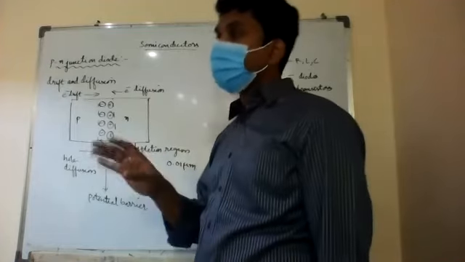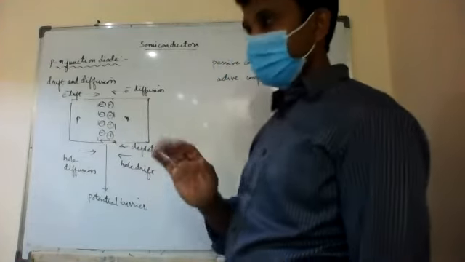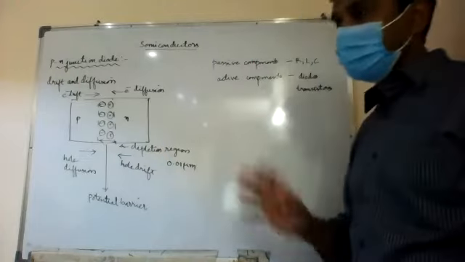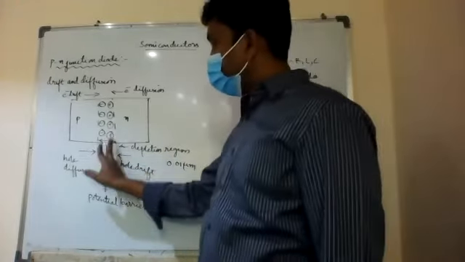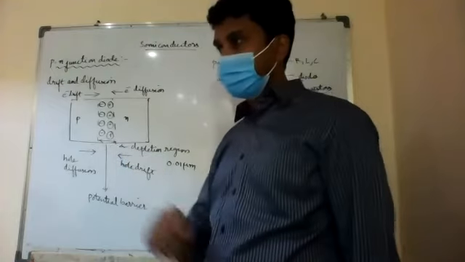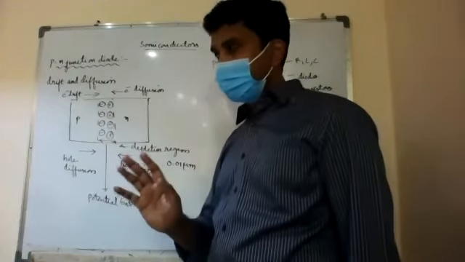I will explain that in forward bias and reverse bias. For the time being, because of these minority charges, a potential is developed over there. That is the potential barrier. How it flows, I'll explain in forward bias and reverse bias.